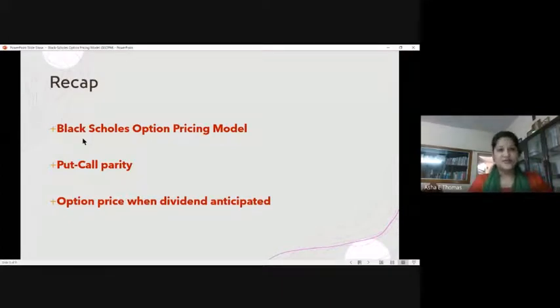First, we started with a discussion of the Black-Scholes option pricing model. We know that this model was proposed by Fischer Black and Scholes for finding out the theoretical price of options under the category of European option, both put option and call option. We also discussed some of the assumptions made with respect to this model, like the tax remains the same irrespective of the asset pattern, and stock movements are random.